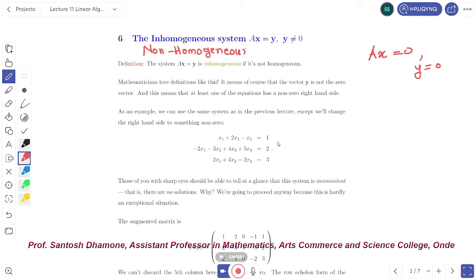In this one, we consider some numbers on the right hand side: x1 plus 2x2 minus x4 is equal to 1, minus 2x1 minus 3x2 plus 4x3 plus 5x4 is equal to 2, 2x1 plus 4x2 minus 2x4 is equal to 3. This is the given system of linear equations, which is non-homogeneous.